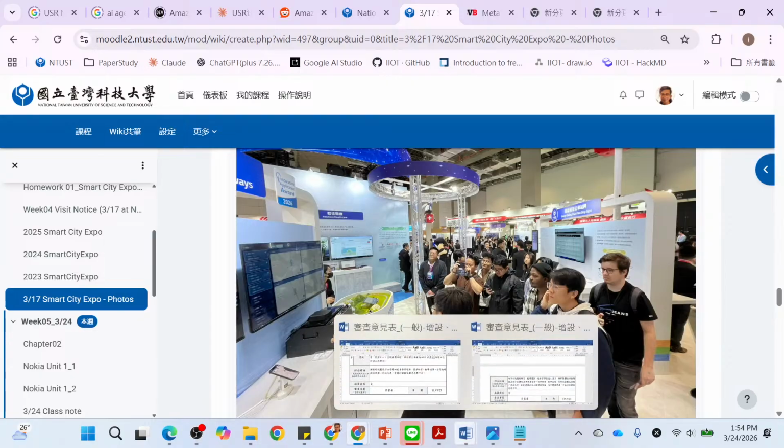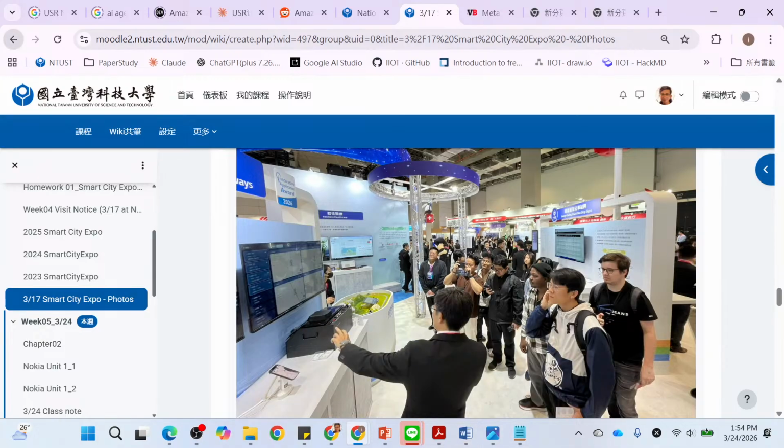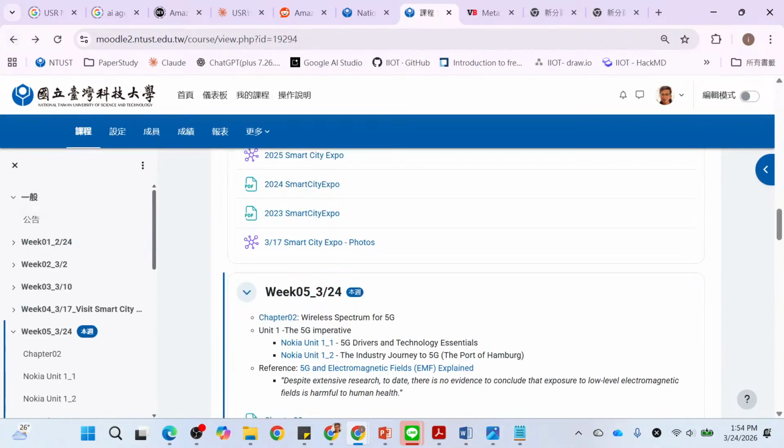I will not go through our handout one by one, but I try to make the connection so you understand how to construct the system. And at the end, the last hour, we will have an exercise with free 5G core.